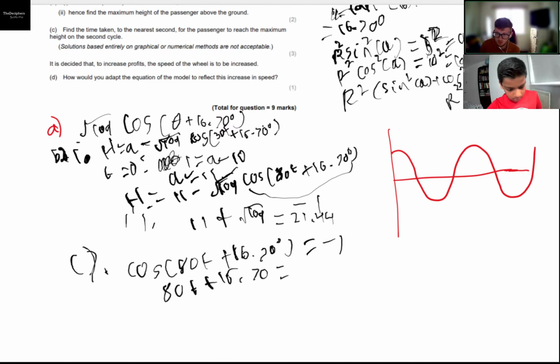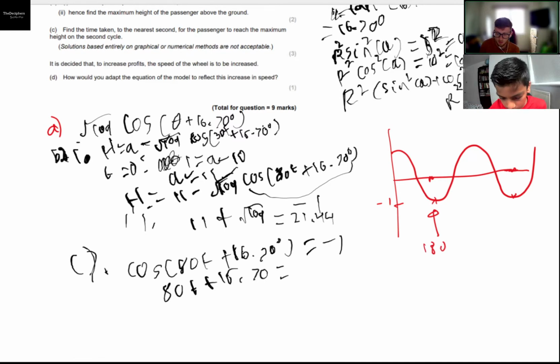so let's not use our calculator, because let's think about it logically with our graph. So we want the second value for which cos is -1. What's the angle there? That's 180 degrees.